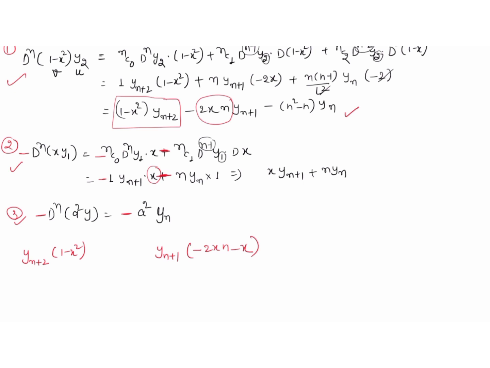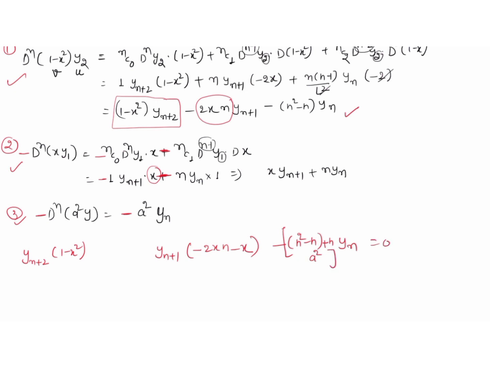Now for yₙ, we have to write all the coefficients of yₙ. From the first one it is −n² − n. From the second one the coefficient of yₙ is −n. From the last one the coefficient of yₙ is −a². As we have already taken minus common, we have to write this as plus a².